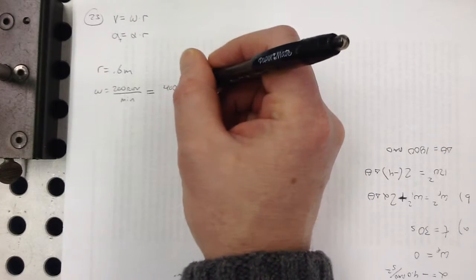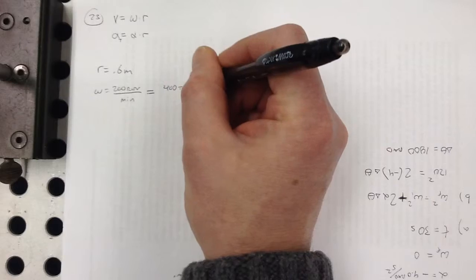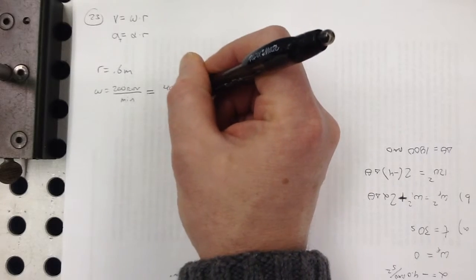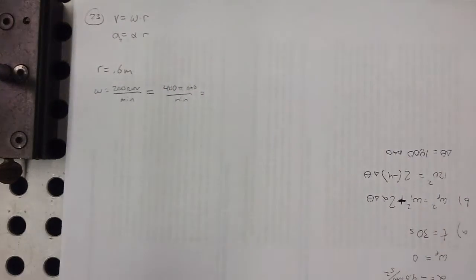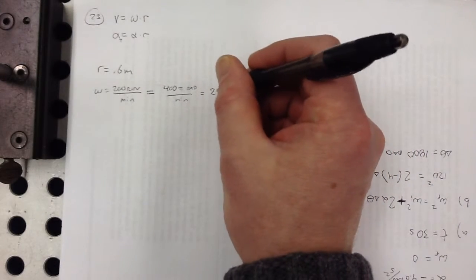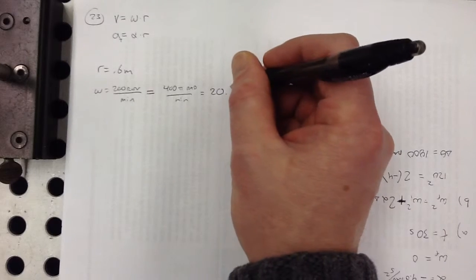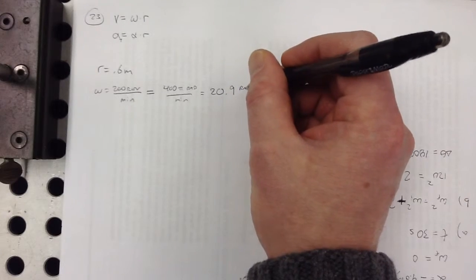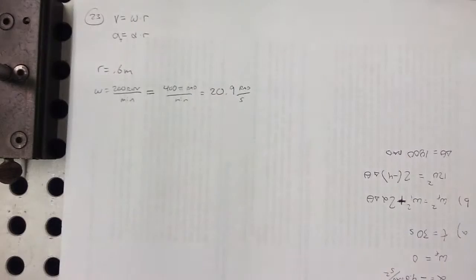That would be 400 pi radians per minute. And then if I wanted that in seconds, that would be 400 pi divided by 60. That would be about 20.9 radians per second.